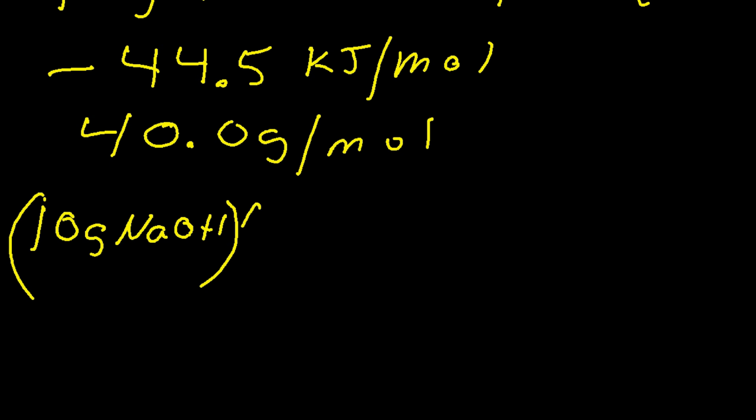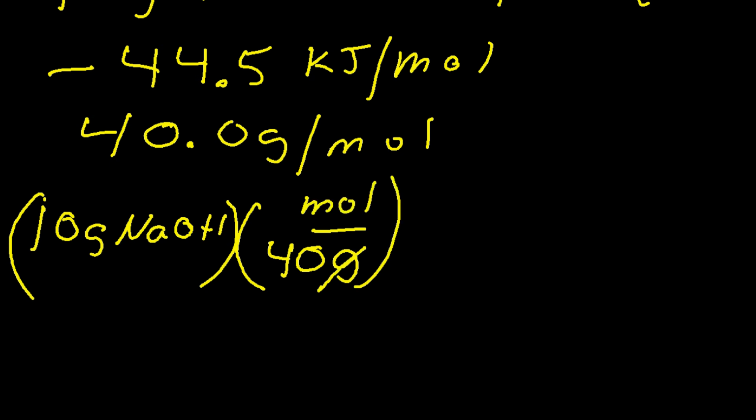This is going to be a divide, which is 40 on the bottom, grams per mole. Then the grams are going to cancel. Looking up above, I see that I have the heat of solution in kilojoules per mole. That looks like that's going to be a multiplying. Now, the negative is an important thing to keep in mind.